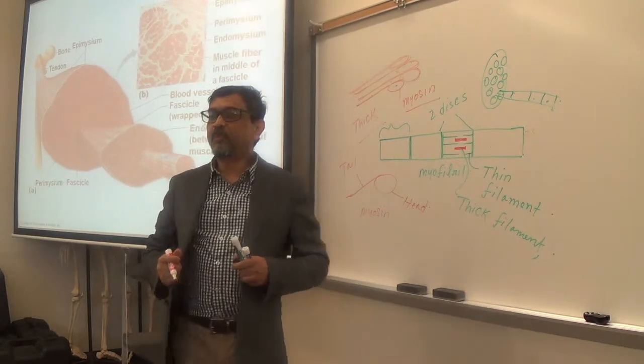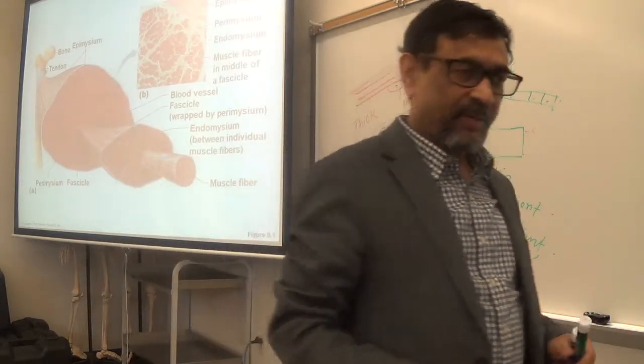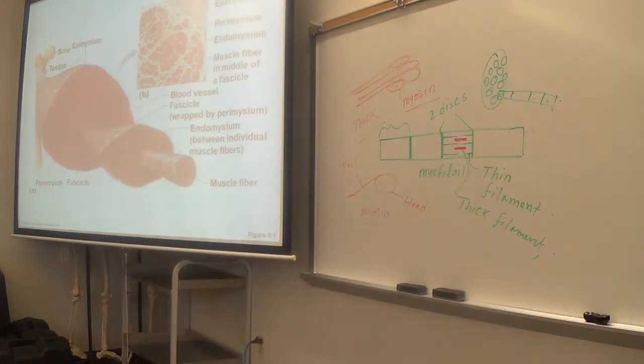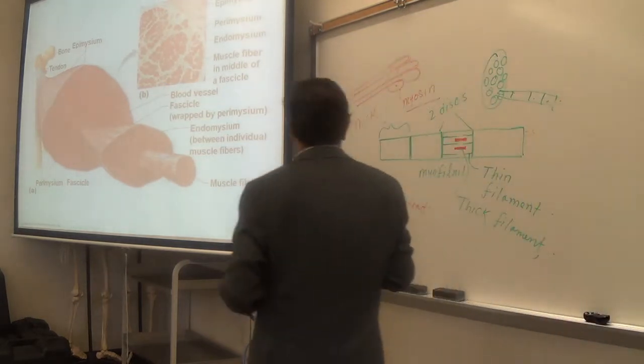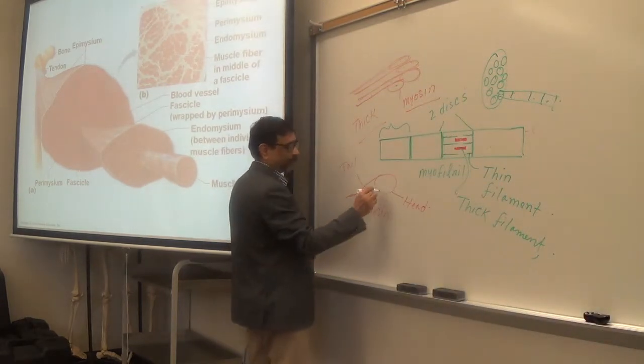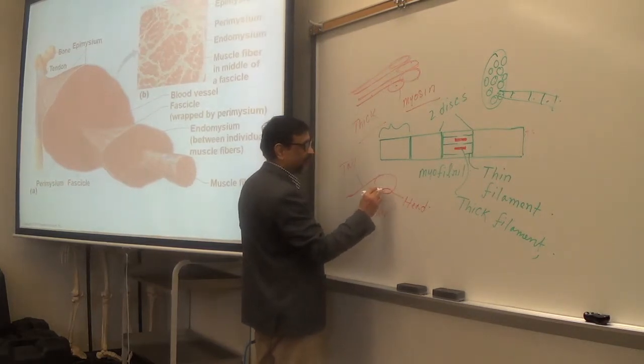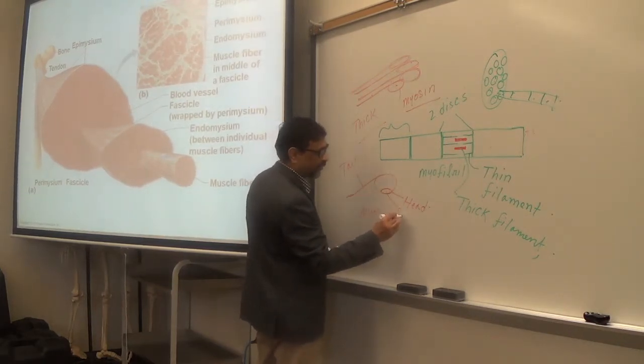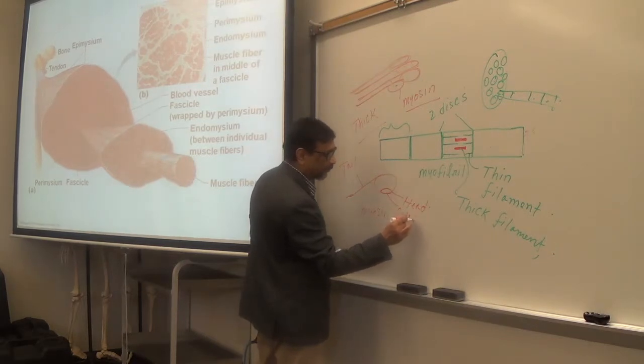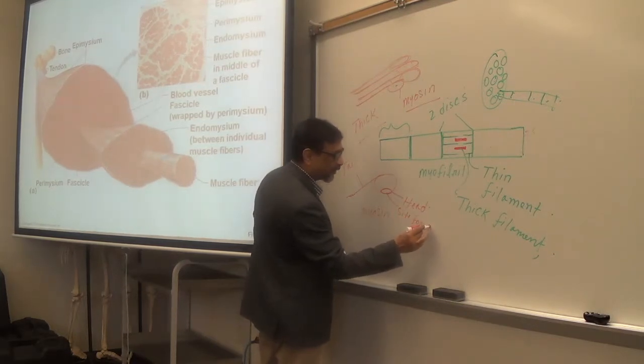So each myosin has a head and a tail. On the head part, you have binding sites. This area is called site for actin.